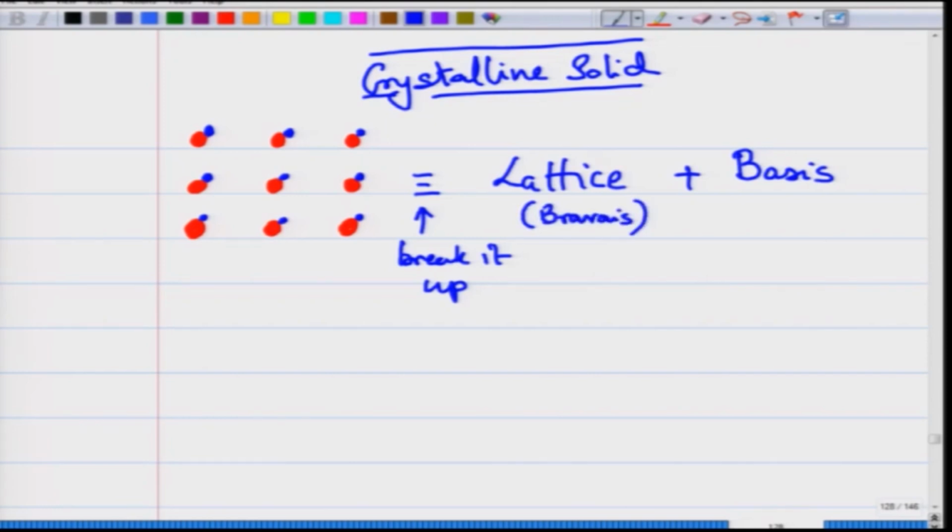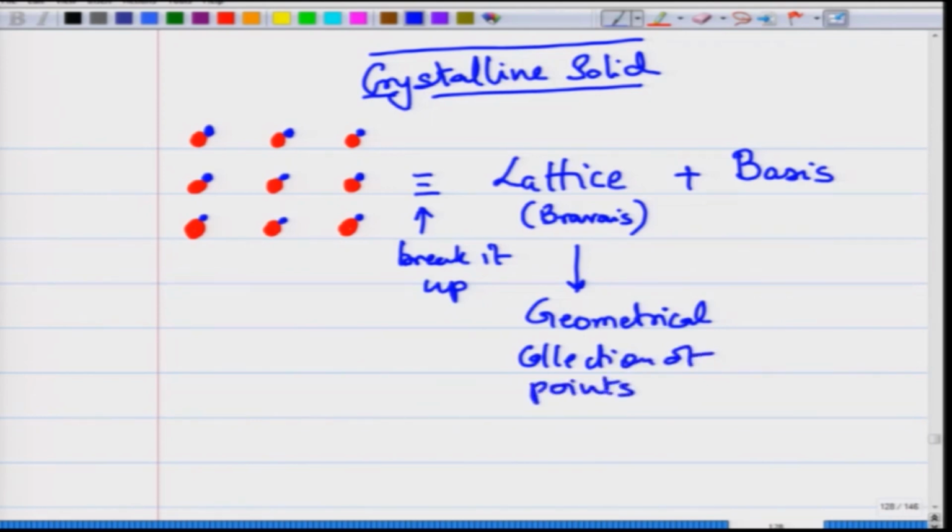So, this collection of atoms which are periodically arranged in space, we can first break up into a geometrical structure, a geometrical collection of points, and a basis is the group of atoms at each point.